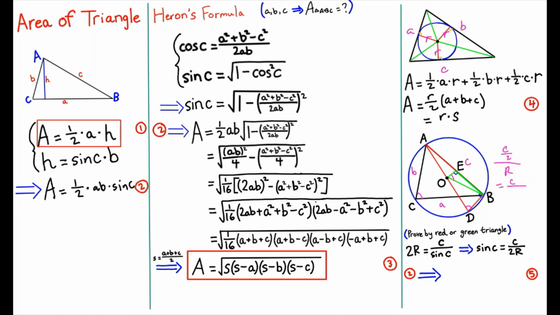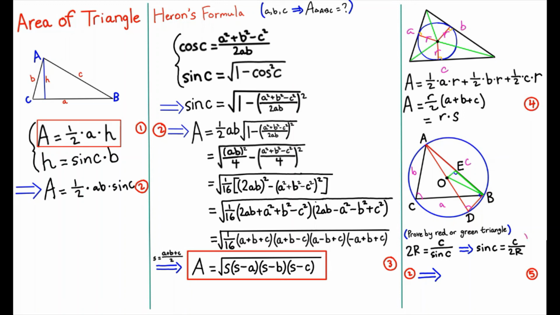To prove that this angle is equal to angle ACB, well, this is half the central angle AOB, which shares the same arc as ACB. Since an inscribed angle with the same arc as a central angle is half of it, this means that these two angles are the same.